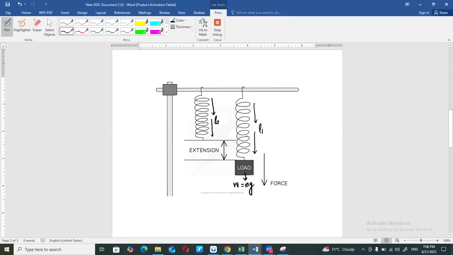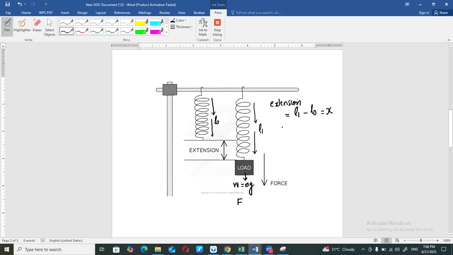So the extension of the spring can be given by L1 minus L naught, which is equal to x. So my variable is x. Because weight is acting in the downward direction, we are taking it as a force acting on the spring.